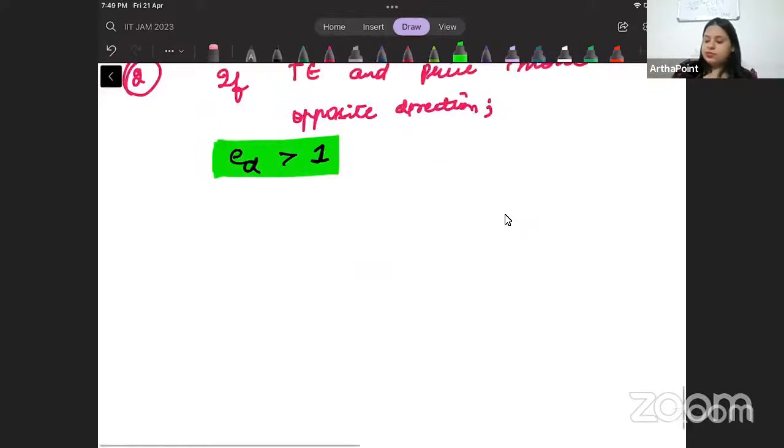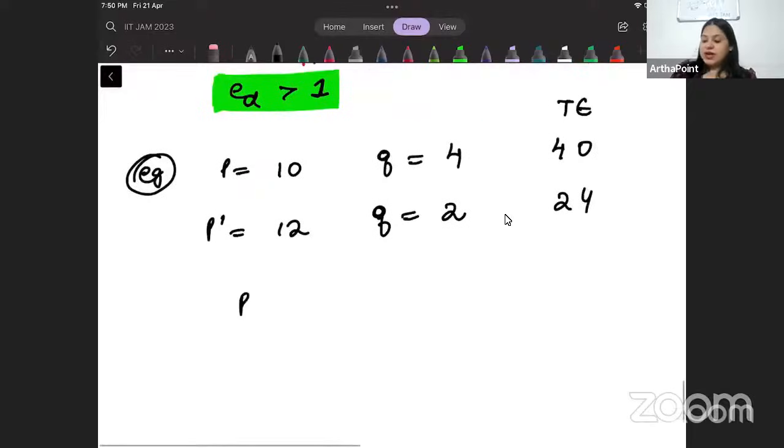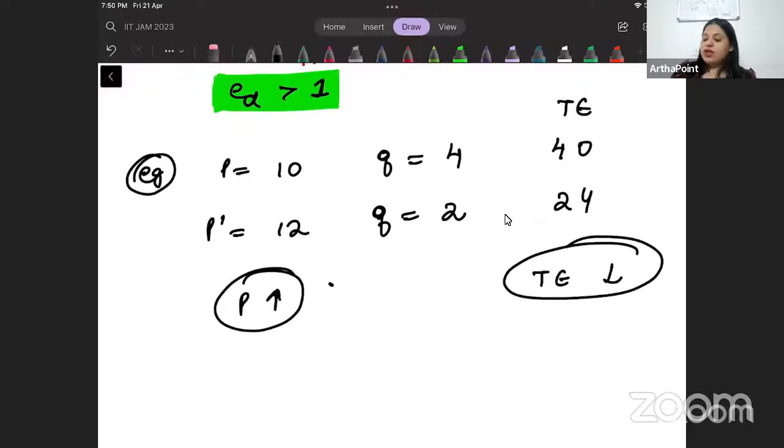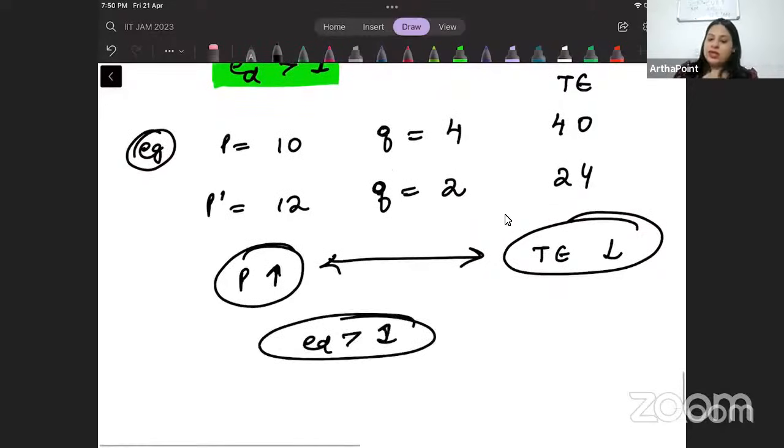Example, look. Price is 10. Price increases to 12. Quantity is, let's say, 4, so expenditure is 40. Quantity changes to 2, so expenditure is 24. So price increased, total expenditure decreased. They are moving in opposite directions. So elasticity of demand is greater than 1. Take the third one, please.